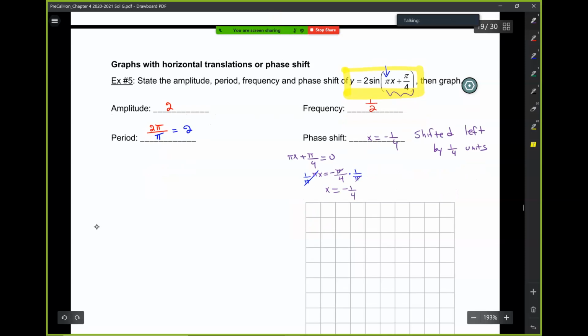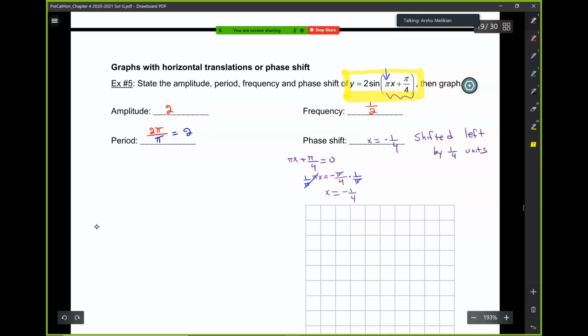Okay, so this has its period modified, it's shifted, there's all sorts of stuff happening here. So what I do is I take the same thing that I used for phase shift, that same term, and I bound it in here from 0 to 2 pi.